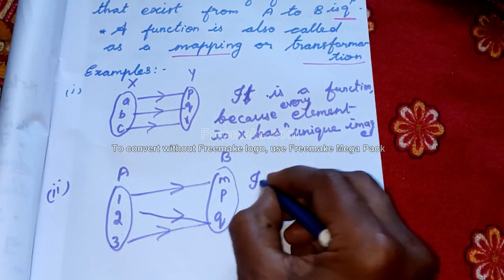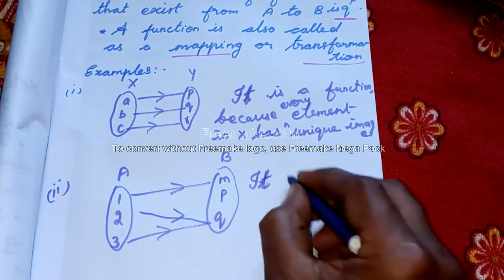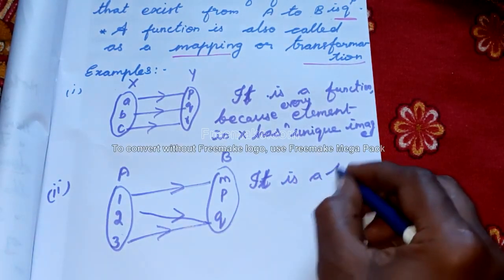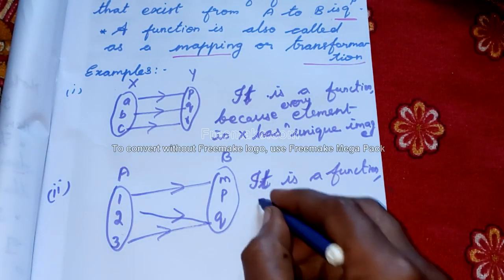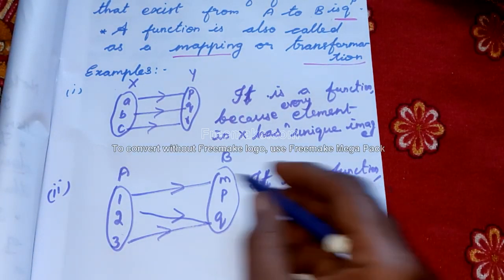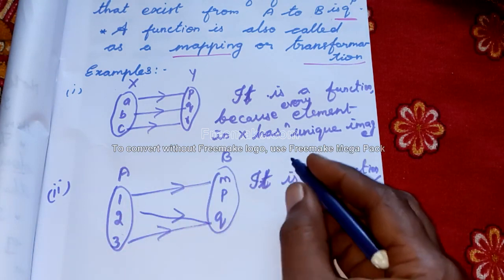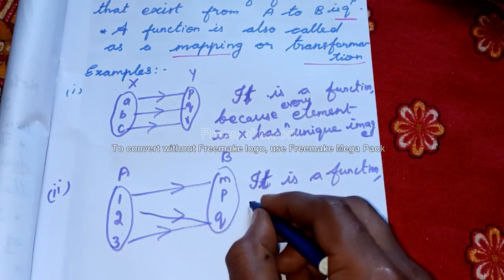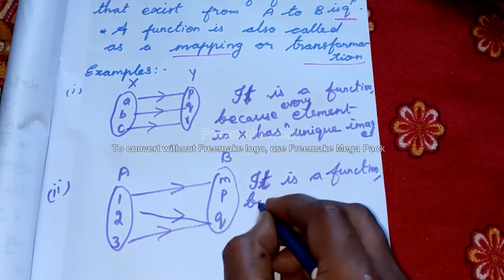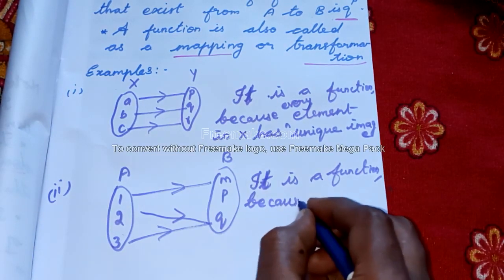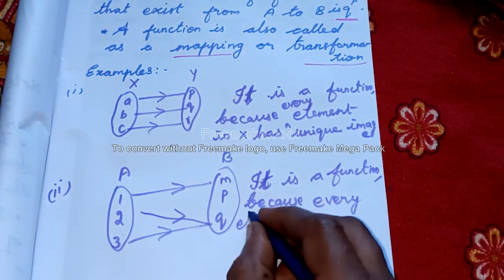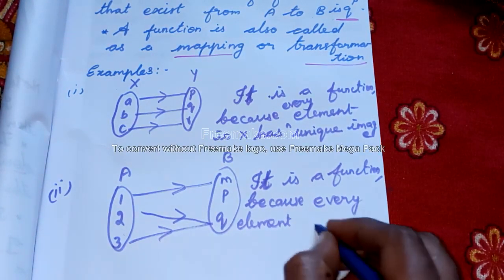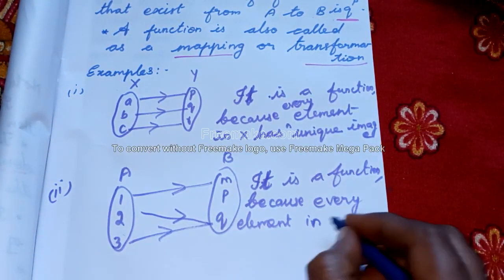Because every element in A has a unique image. Therefore, it is a function.